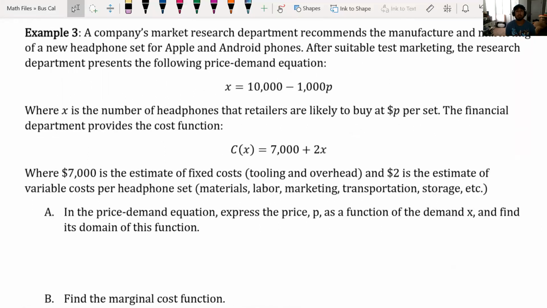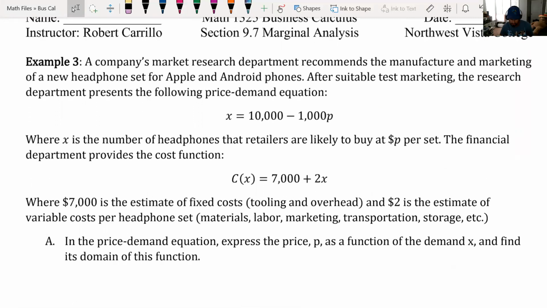All right, a company's market research department recommends the manufacture and marketing of a new headphone set for Apple and Android phones. After suitable test marketing, the research department presents the following price-demand equation.